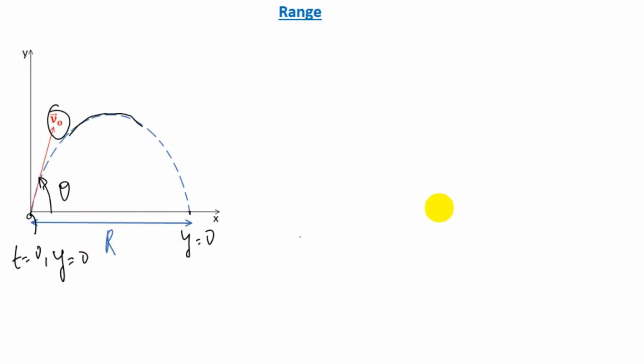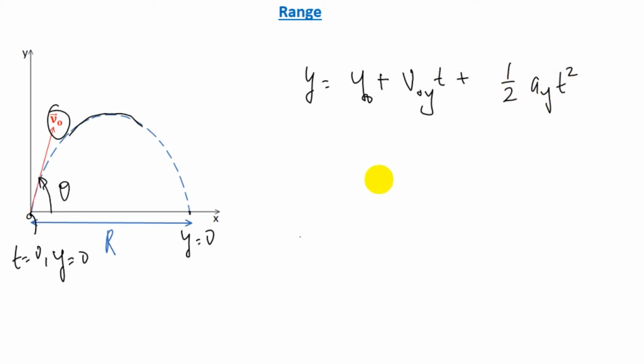Now let's figure out the expression for range, and for that we're going to use the fundamental equations of motion. So first we'll find the time when the projectile lands after launching, and for that we're going to use this equation: y is equal to y0 plus v0y times t plus 1/2 ay t squared. These are fundamental equations of motion in the y direction, and the acceleration due to gravity is downward, so ay will be minus g.